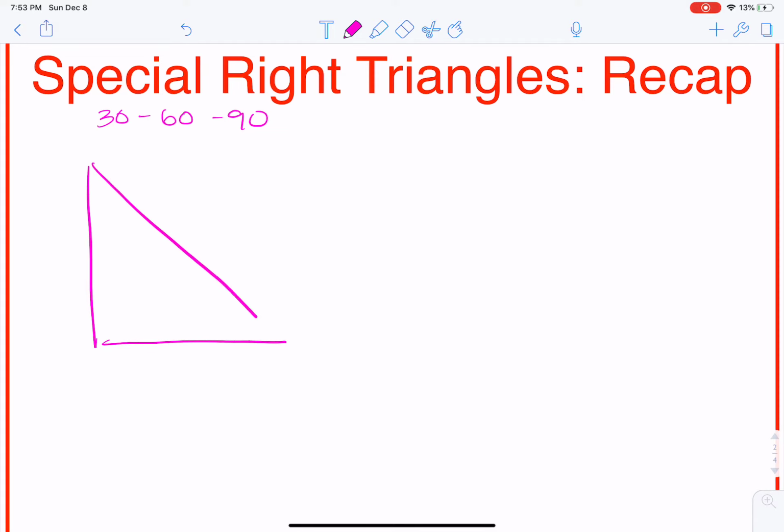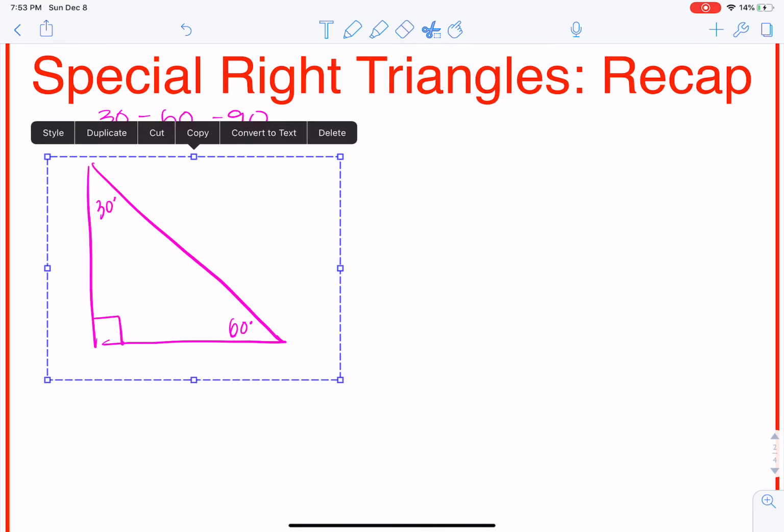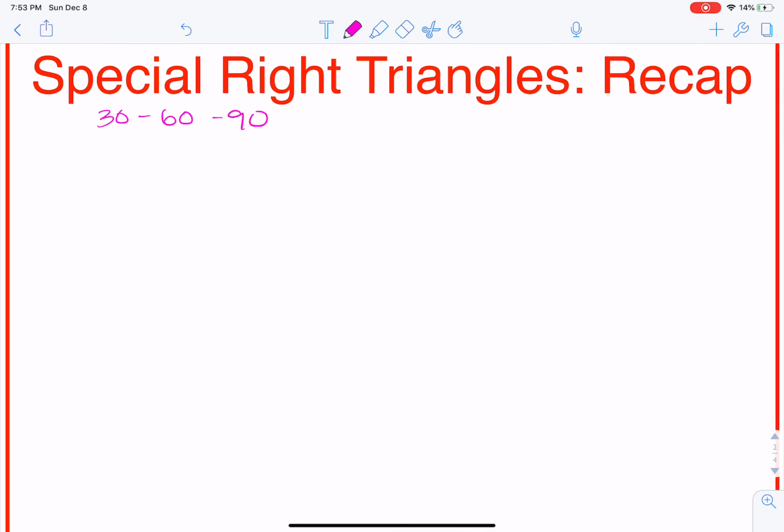And here I have, not drawn to scale, a 30, 60, 90 special right triangle. So before we get to this, let's talk about something that's familiar to us, where maybe this 30, 60, 90 triangle could have come from.